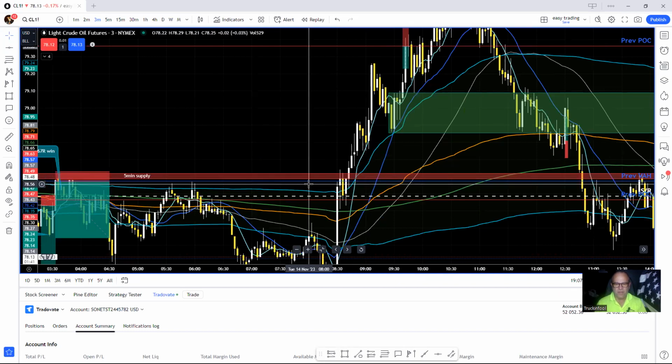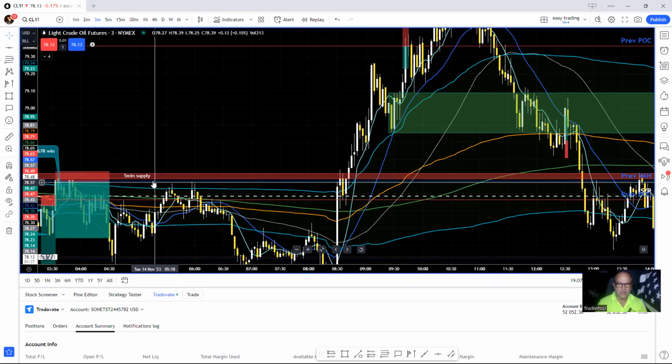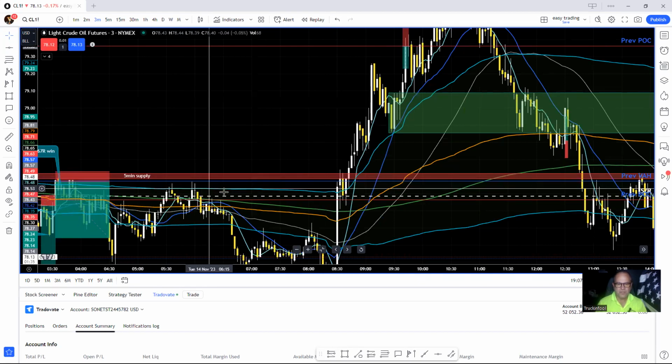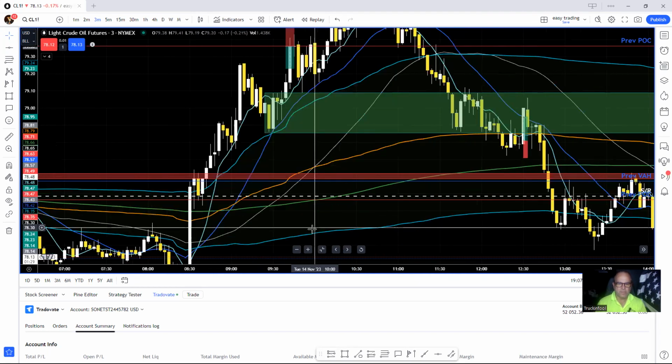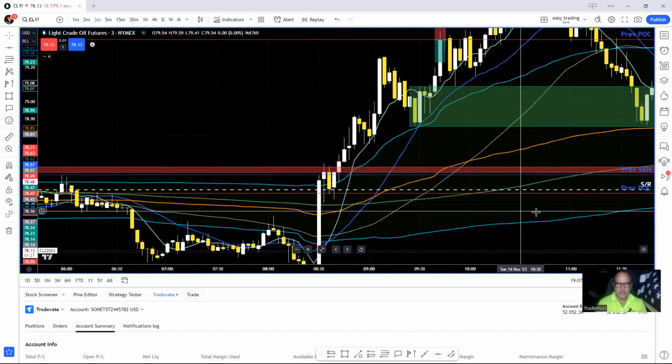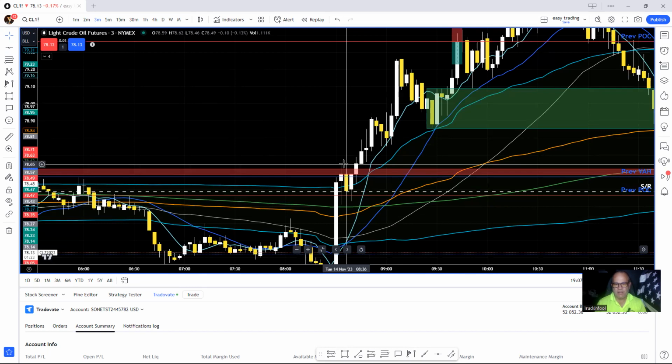So I kind of wanted to see what happened with that supply zone. It came close to it, and what happened is what would have gotten me into this trade. The next candle went all the way through it. Now that could just be liquidation to come back through the zone.